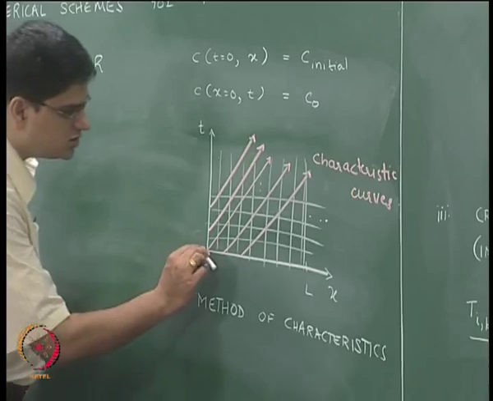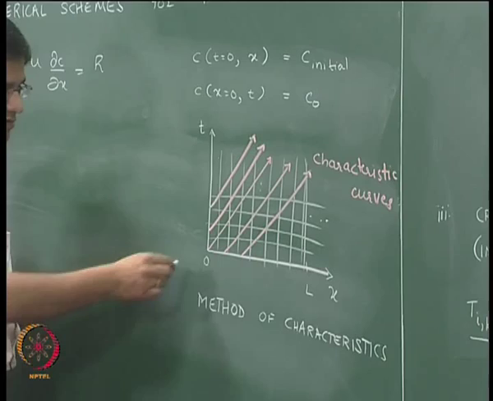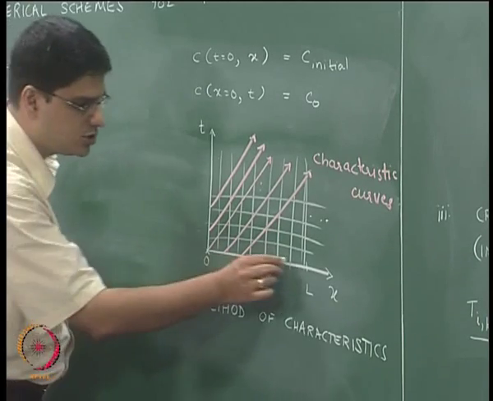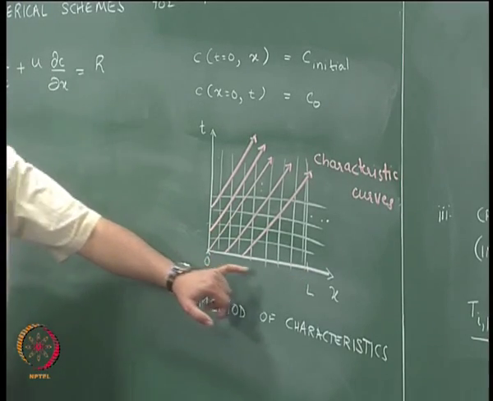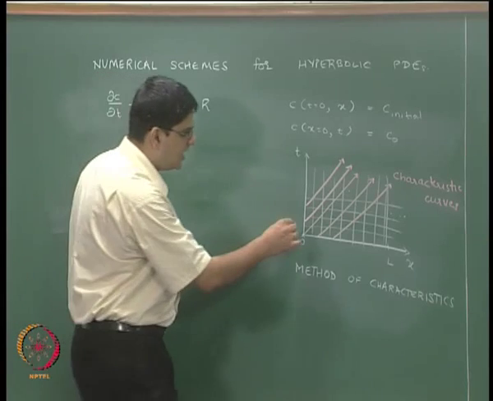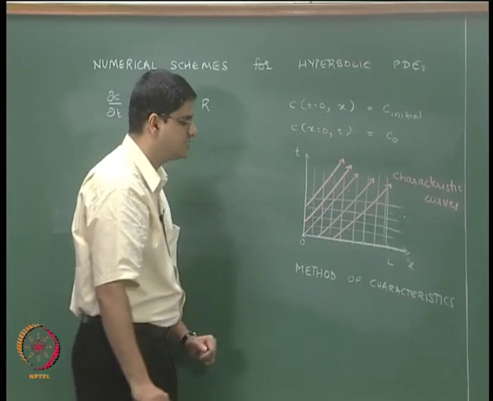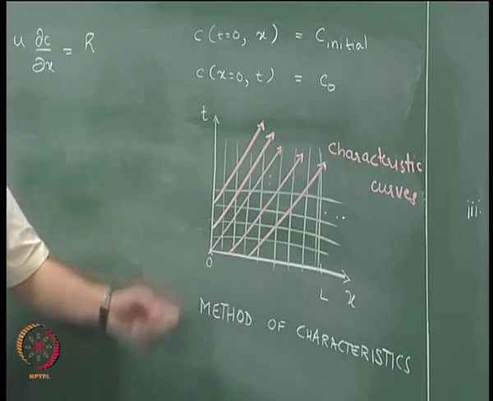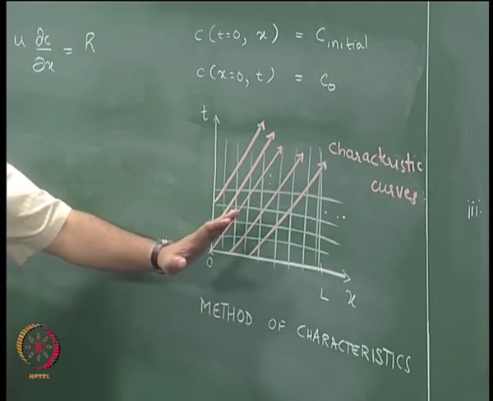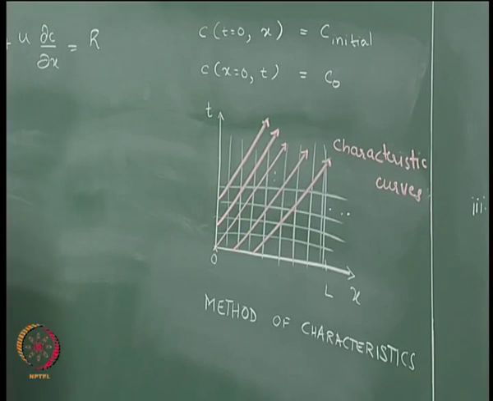The solutions along the characteristics to the right of the characteristic curve that passes through the origin are determined by the initial condition at t equal to 0 and various x's, and the solutions on the lines to the left of the characteristic curve that passes through the origin are determined by the inlet condition at x equal to 0 and various times. Okay, so this is how we looked at solving this particular equation using the method of characteristics.